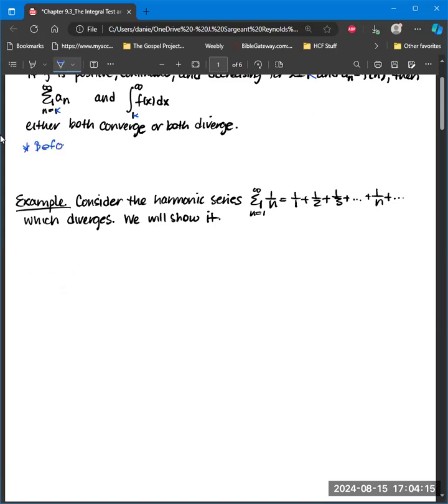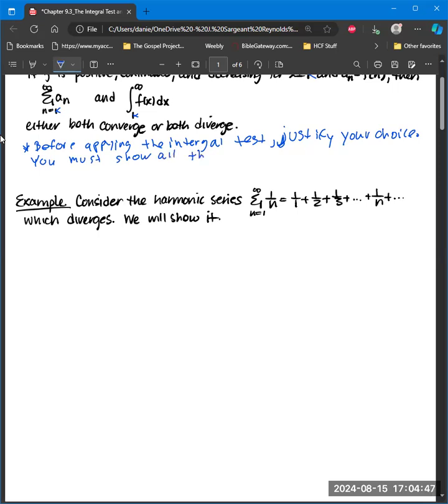So again, before applying the integral test, justify your choice. You must show all three conditions are met.